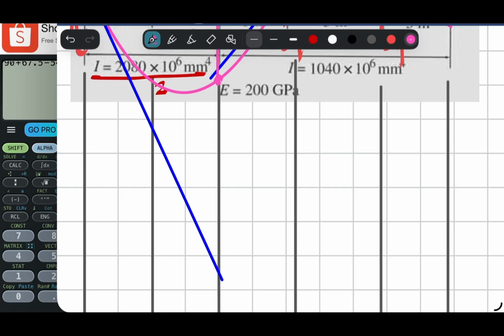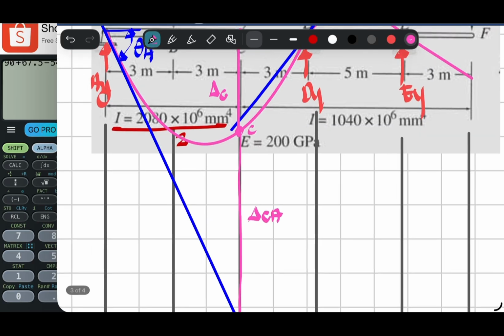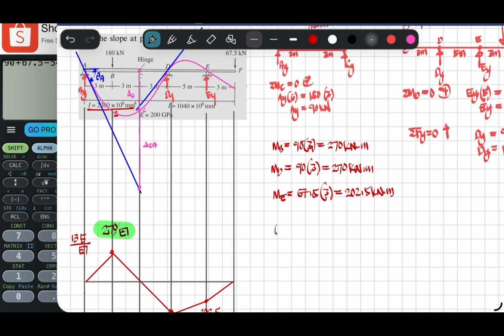Gikan diri sa C on the elastic curve to or with reference to tangent line A. This is the deflection of C relative to A. C on the elastic curve to the tangent line A. So, para ma-solve na to si theta A is equal to delta C plus delta CA over distance base sa triangle, which is 6 meters. So, muna siya ang solusyon ni theta A.